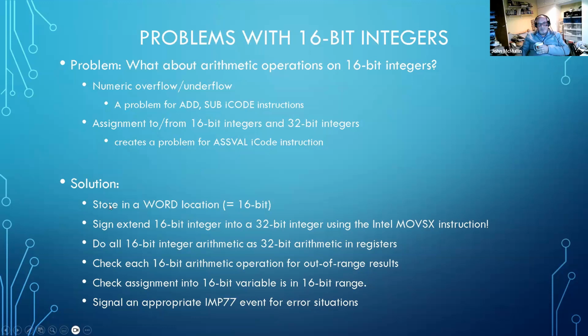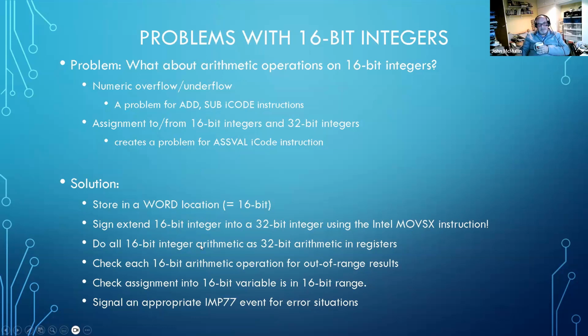So, what do you do? Obviously, you want a word location, that is a 16-bit location, to store the 16-bit integer. Whenever you're going from a 16-bit into a 32-bit integer, use the MOVSX instruction. So you extend that integer.